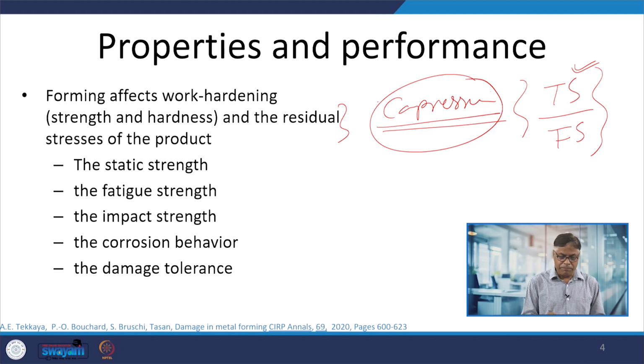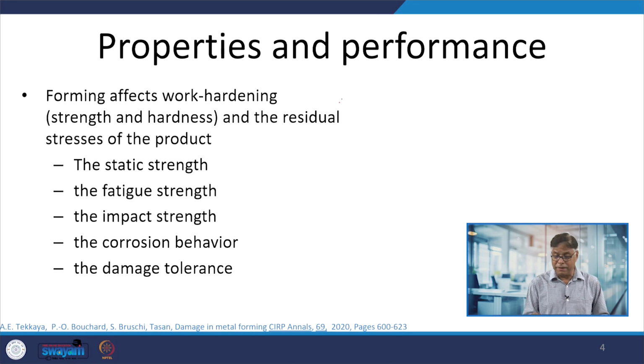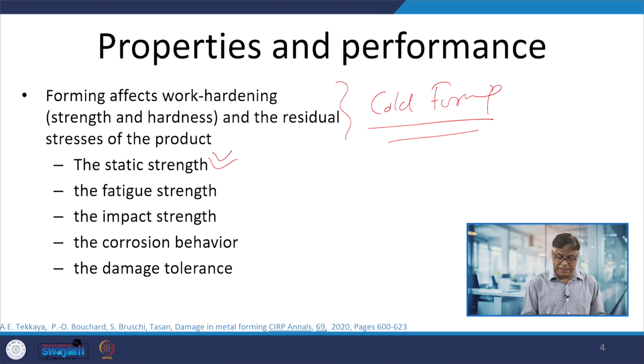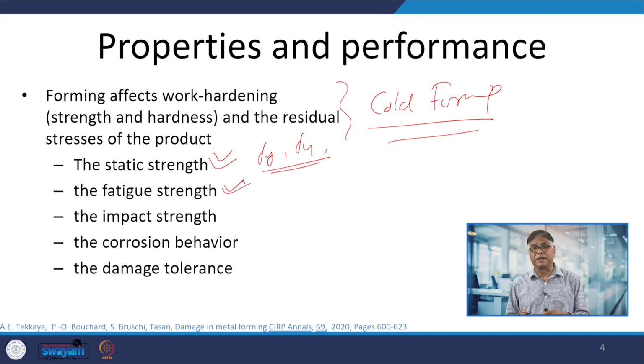Because of these two important changes occurring under cold forming conditions in the metal, the static strength, meaning yield strength and ultimate strength, are enhanced. The fatigue resistance, fatigue strength is also enhanced, meaning the ability to take up fluctuating load for a given number of cycles.